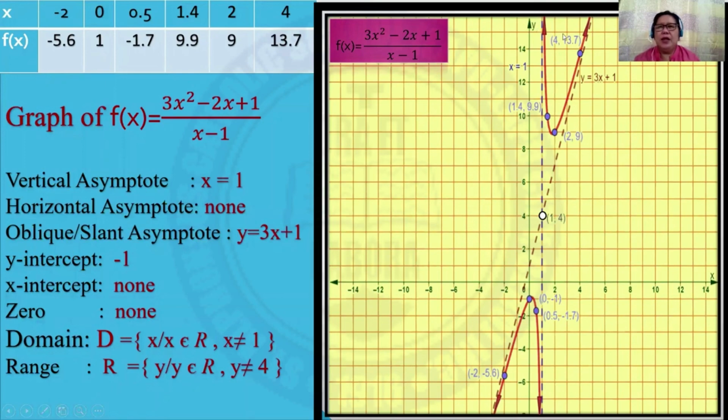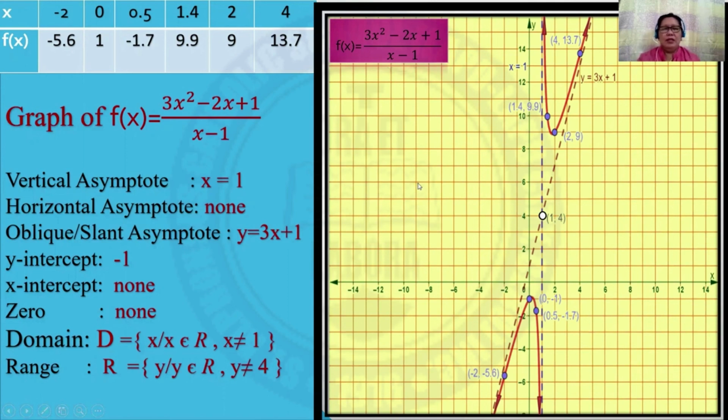See to it that you have arrowheads on the hyperbola. Then the coordinates of the points. Then this broken line is the slant or the oblique asymptote. And here you have the vertical asymptote. And you are not allowed to assign a value of x which is 1. That is why this is an open circle.